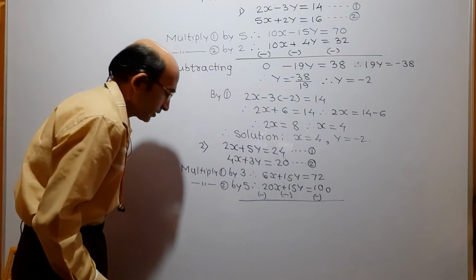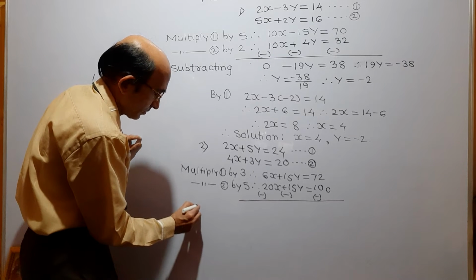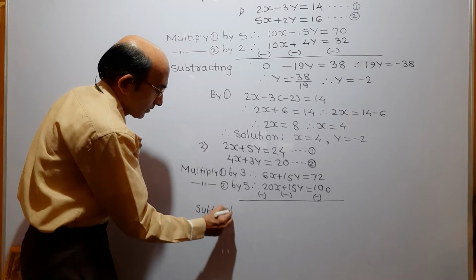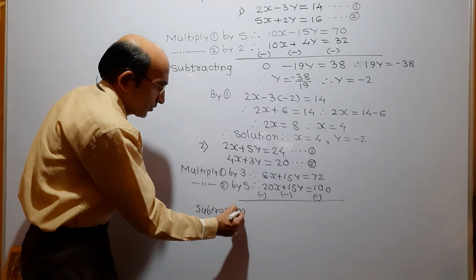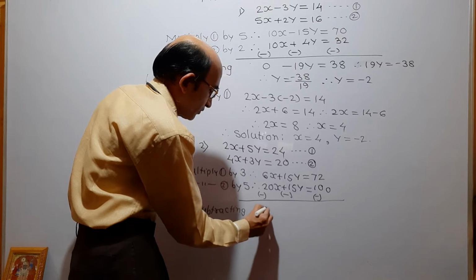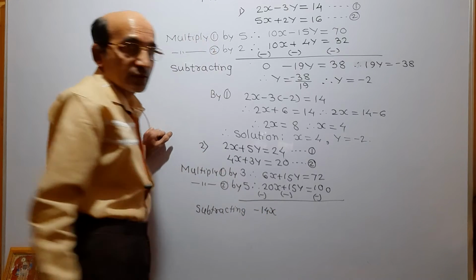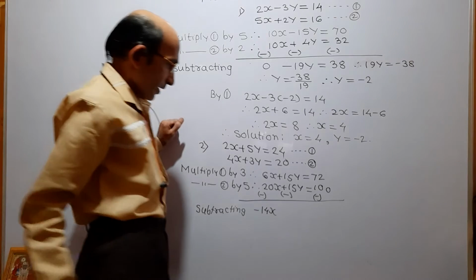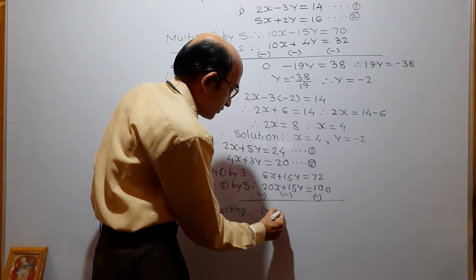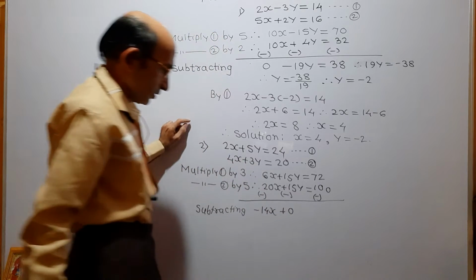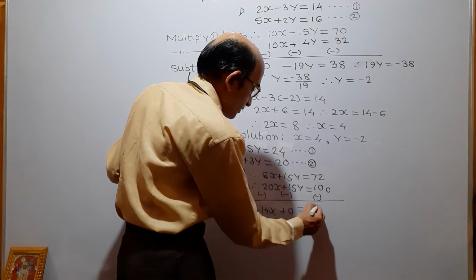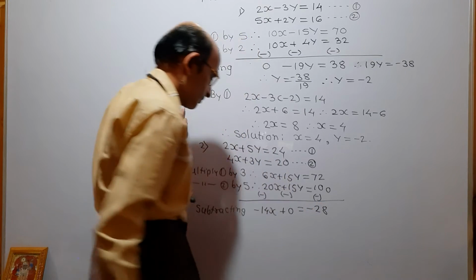So stating that subtracting, what we get: 6x minus 20x is minus 14x. 15y minus 15y is 0, and 72 minus 100 is minus 28.